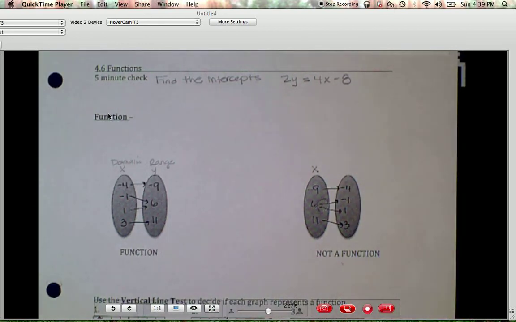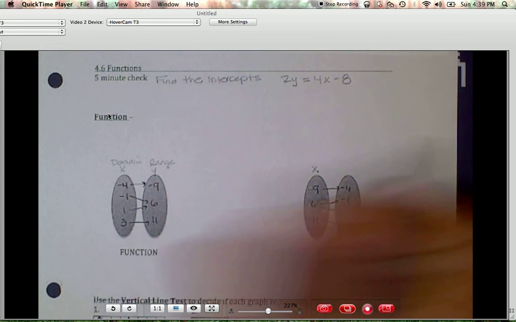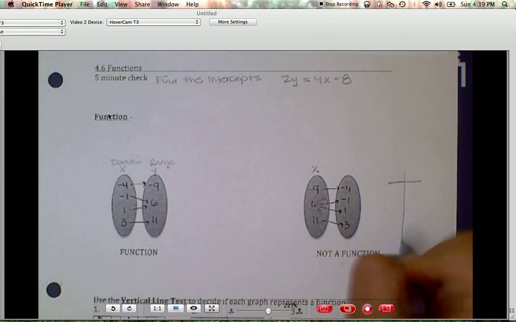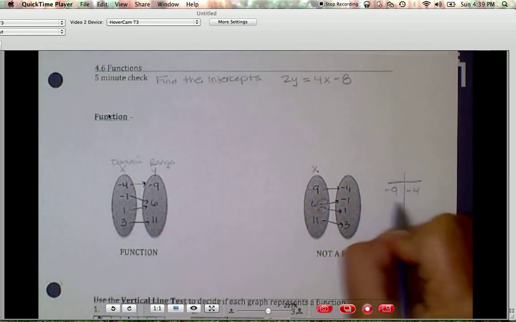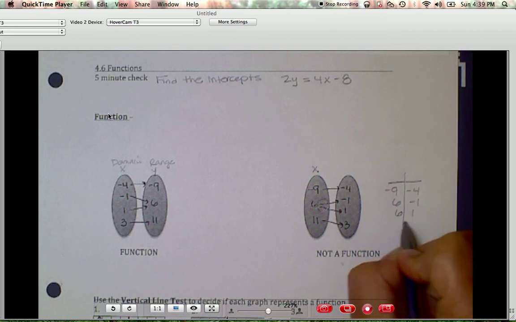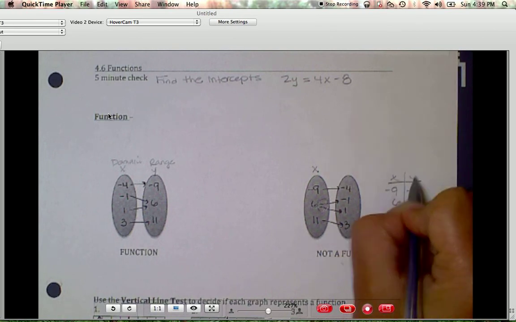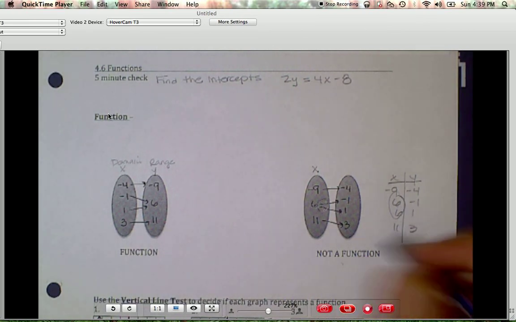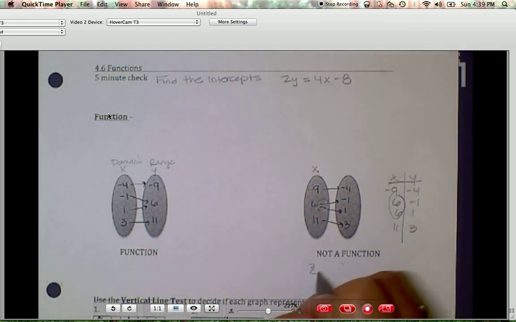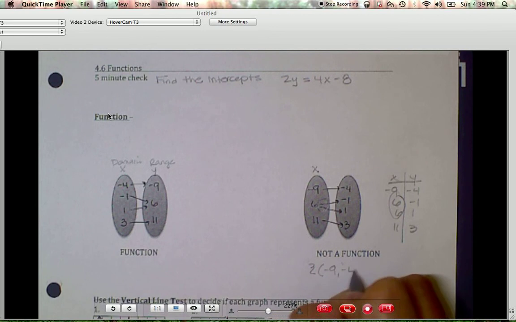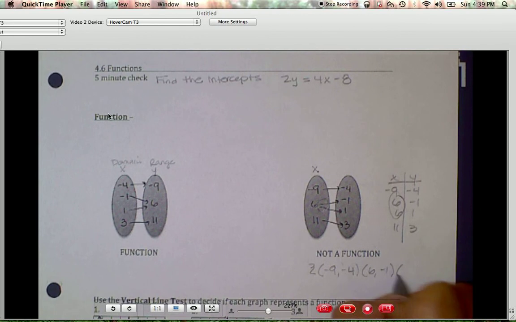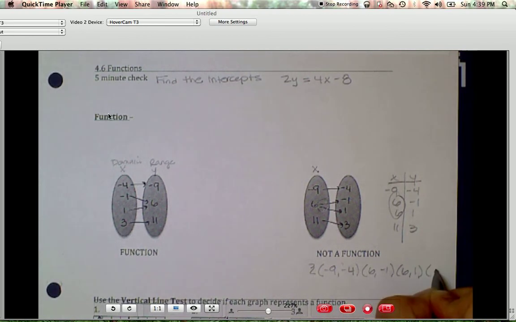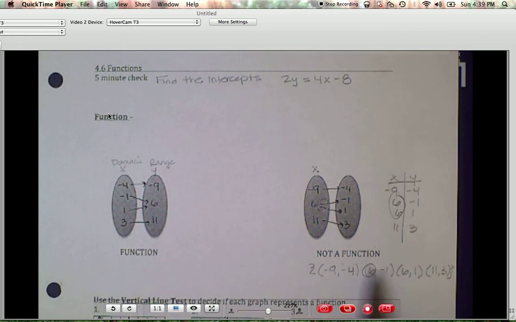Now, if you look at it in a table, if we were to write this in a table, it's -9, -4, 6, -1, 6, 1, and 11, 3. You see a repeat in the x values. That makes it not a function. Or if it were written as a list, you can see the repeat in the x values.